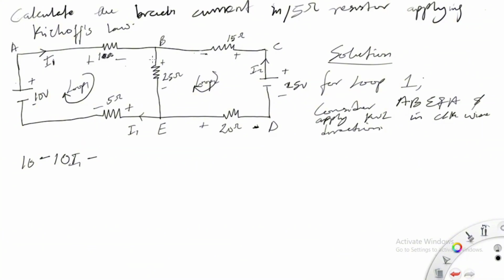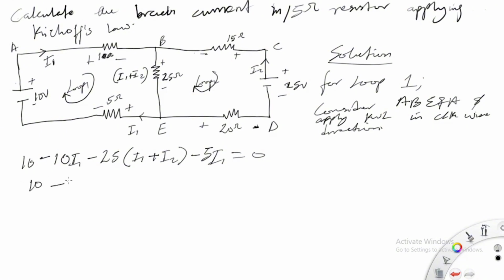Always remember here minus 25 ohms, and I forgot here we have I1 plus I2 current. So minus 25 is a drop, 25 open bracket I1 plus I2. Minus what else? 5 ohms here is a drop, minus 5 I1 with I1 current acting on it, is all equal to 0. So what do we get?